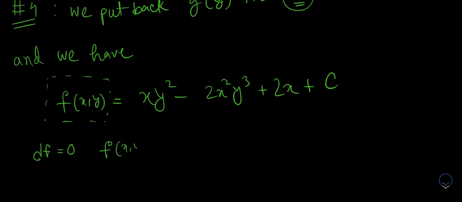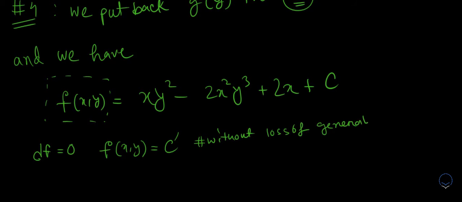So this function itself can be written as a constant, let's say c prime, and without loss of generality, we can take c prime to be equal to 0. So this is the thing that is going to help us find this constant c for a particular solution.